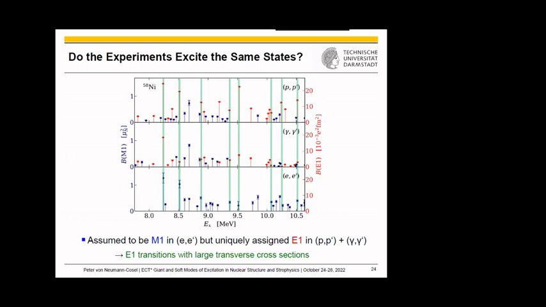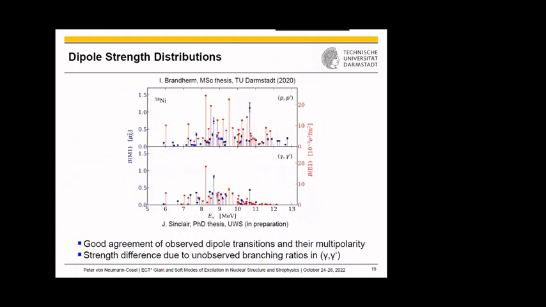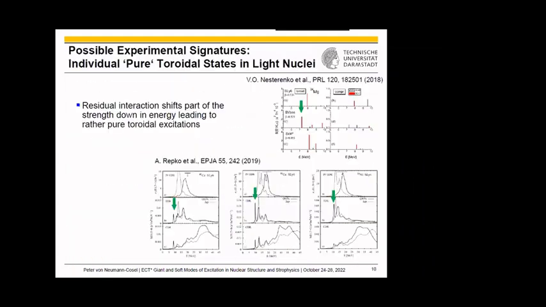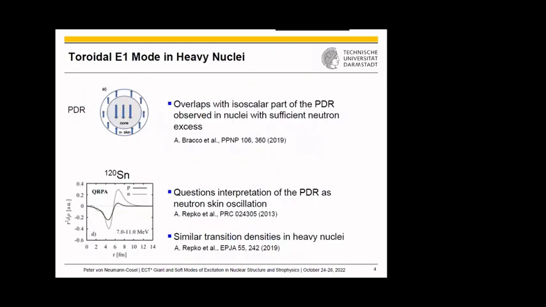Then you show transition densities which are similar to the pygmy. But are these transition densities for nuclei with N bigger than Z? That was tin 120 I showed. Tin 120, so with 20 more neutrons. It would be interesting to see the transition density for a nucleus with N equals Z, which I suspect is pure isoscalar.